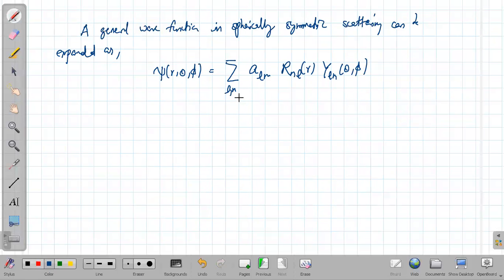Okay, so this expansion is called the partial wave expansion. That is the expansion of the wave function in terms of spherical waves.